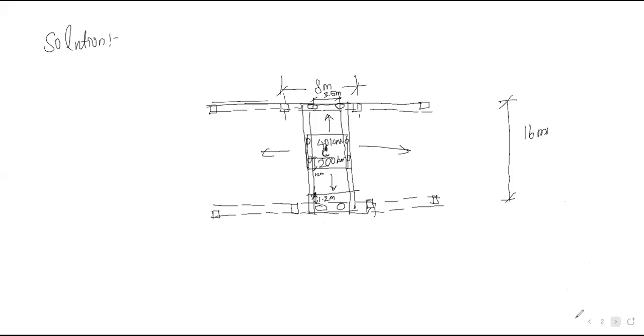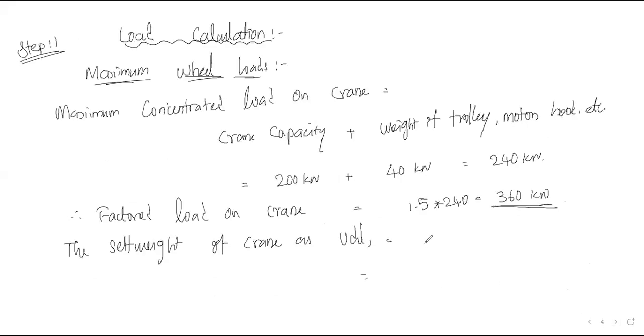So 200 kilonewton is the point load. Divided by the span, I will convert this to kilonewton per meter. So it becomes 12.5 kilonewton per meter.